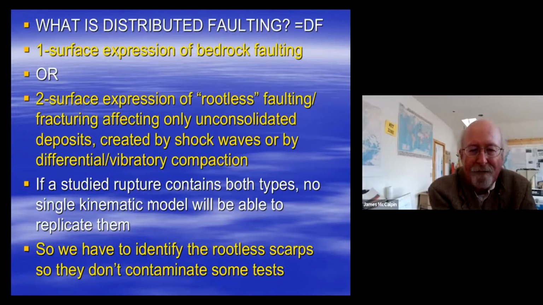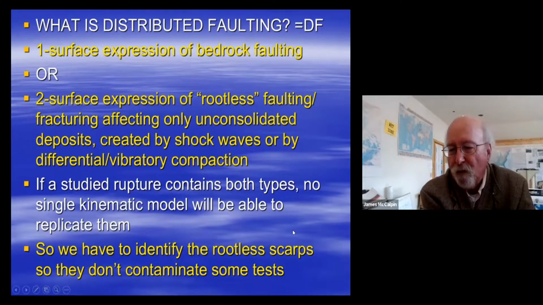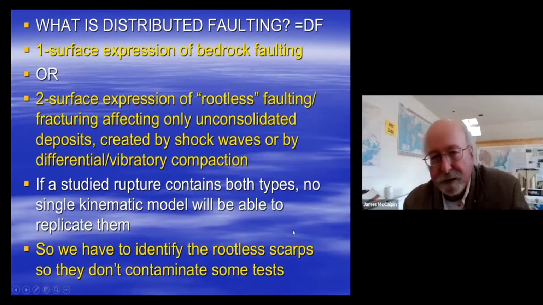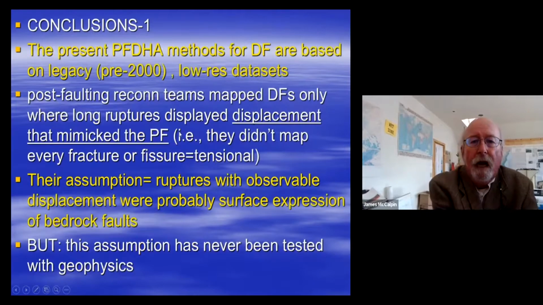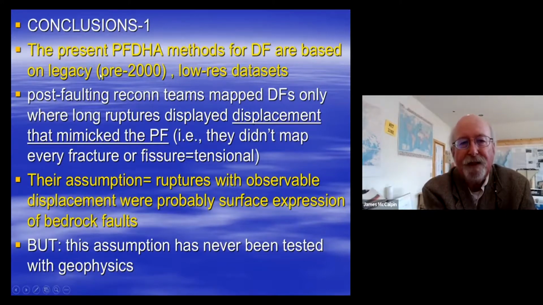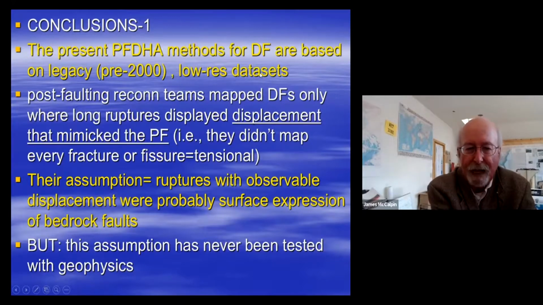So if there's any of these in the data set, we have to identify them and remove them before any statistical tests. The present PFHA methods are all from, well, pre-2000 data mainly. They're low resolution data sets, and they didn't even contain all the fractures that we can see in the modern data sets done from LiDAR and drones.